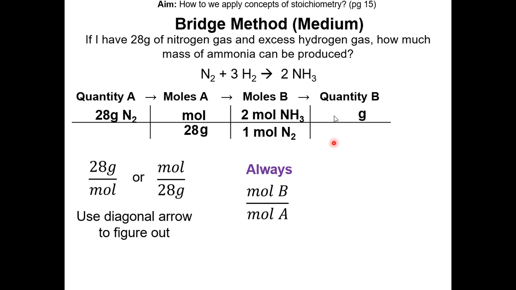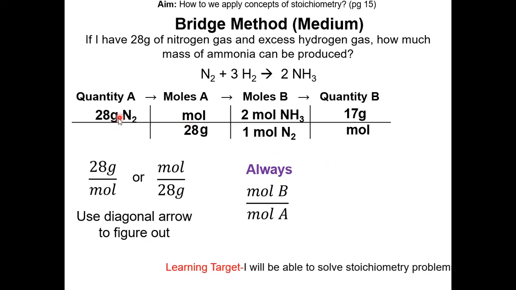The next step, we write in the conversion factor for the last column to convert from moles to mass, which is grams. To do that, we're going to write in the GFM of NH3, which is 17 grams per mole. At this point, we completely set up the bridge, so the last step is to multiply everything from left to right. If you notice, when you multiply everything from left to right, the units cancel out.